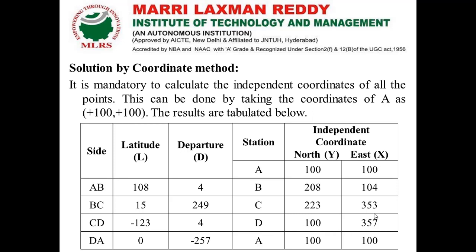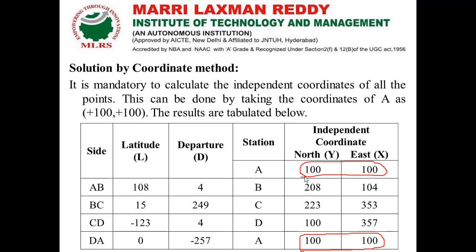And 353 plus 4 gives 357. Now 100 minus or plus 0, whatever, it is 100. Then 357 minus 257 gives the answer of 100. Whatever I have taken as base point, if I get the same value, then only my coordinates are correct.